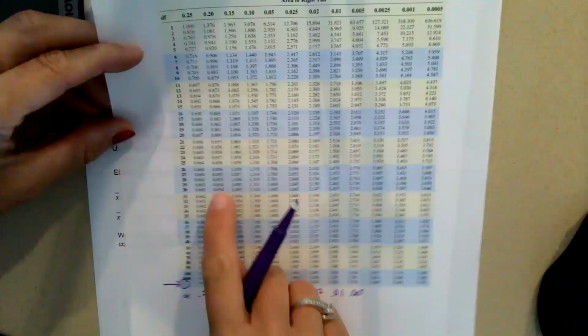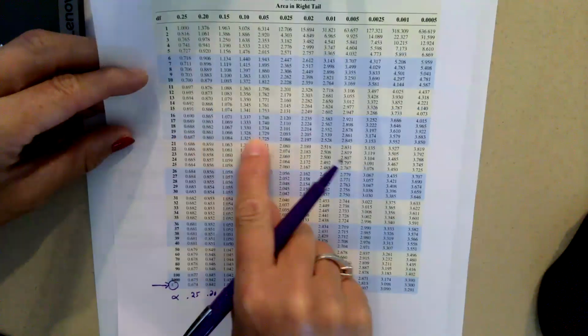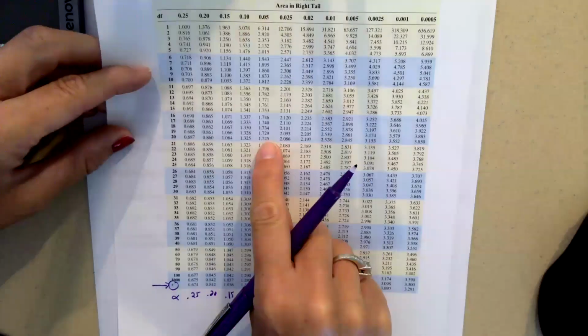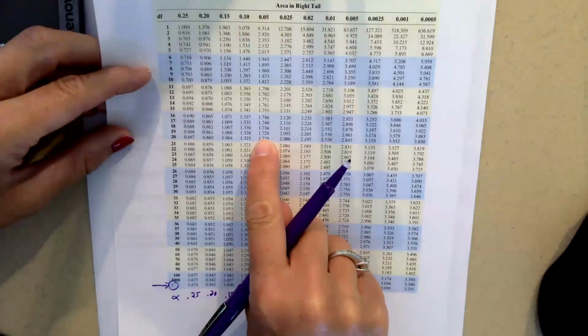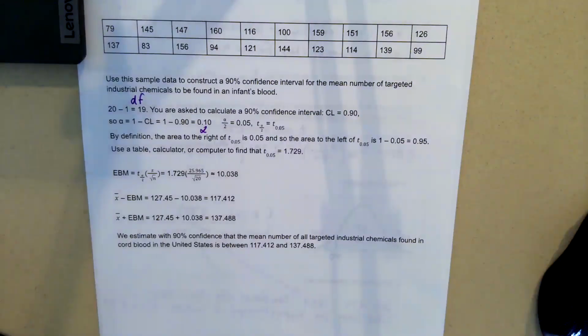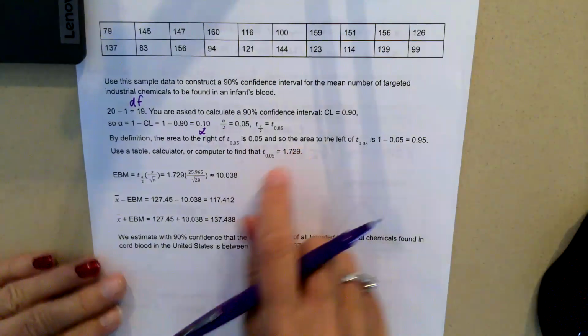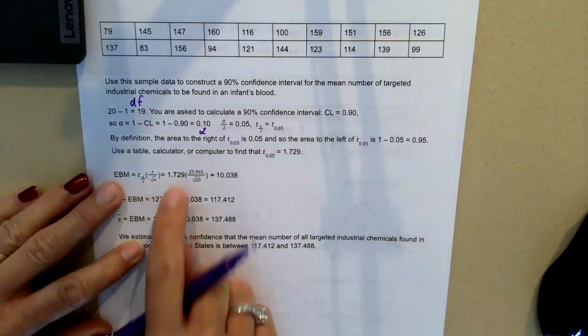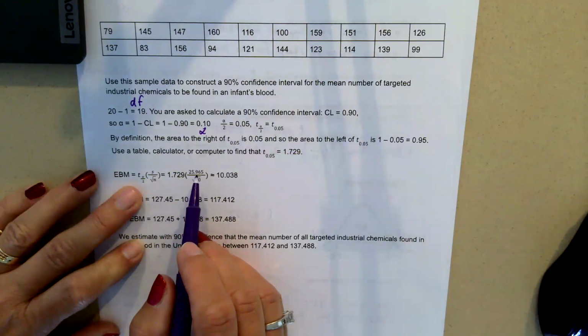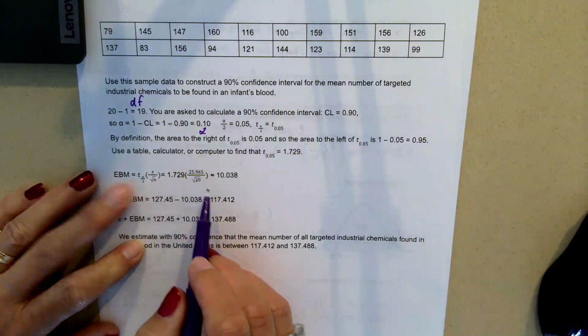So degrees of freedom of 19, and 0.05 is going to be right here, 1.729. The error bound of the mean is the t, the sample standard deviation calculated from decimals, over the square root of n.